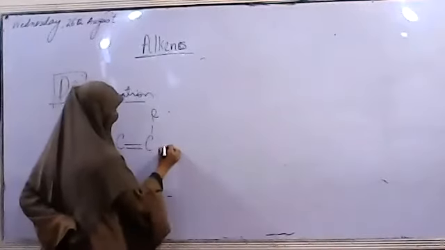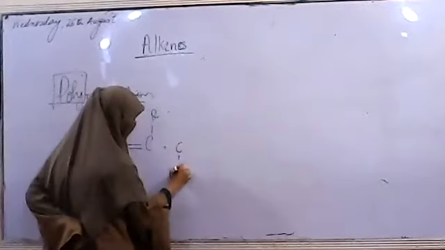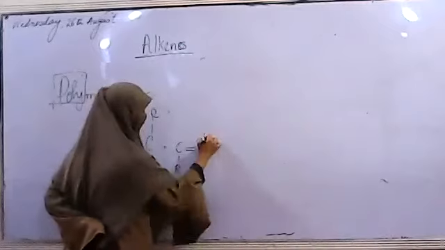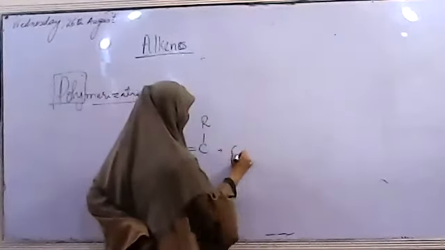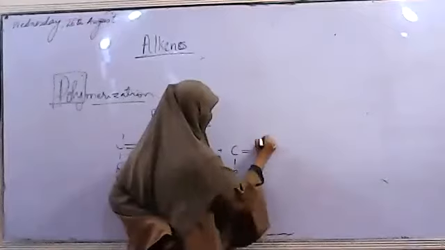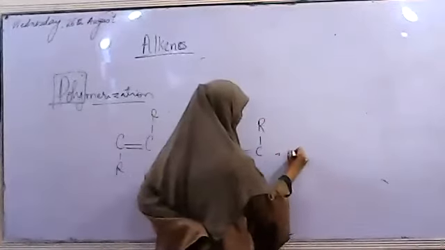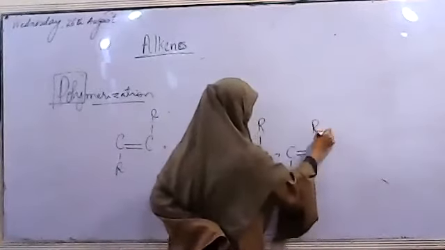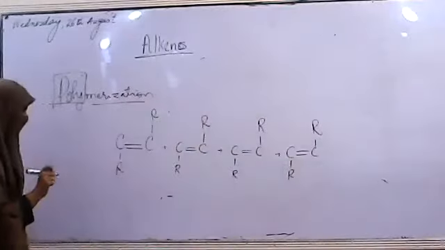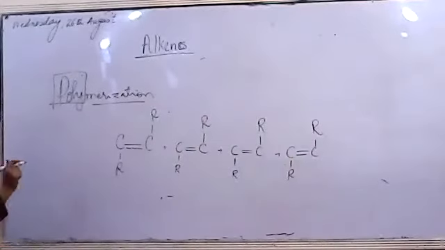Let's say we have C, R, this is another alkene, plus third alkene, plus fourth alkene. Okay, we are taking this much right now. You just have to understand the process.